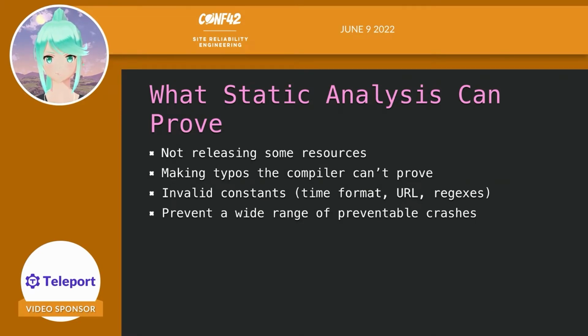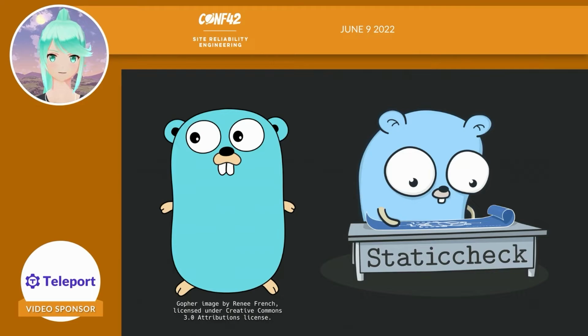They are not releasing resources that you acquire, making typos that the compiler can't prove at compile time, usually with struct tags, invalid constants such as time format strings, URLs, and regular expressions, and a wide range of predictable crashes or very unintended behavior. These kinds of things are easy to prove and are enabled by default in Go vet and staticcheck.